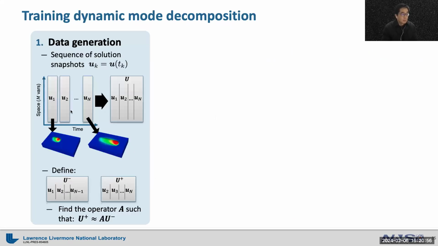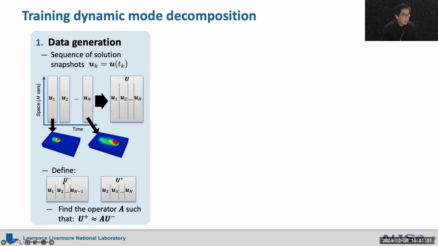Just for those of you who are not familiar with the dynamic mode decomposition, it actually follows the latent space dynamics identification procedure which I introduced in the beginning. First, you generate the data, right? Then in DMD, you arrange the data so that the first column is the first time step solution, the second column is the second time step solution, and the last column is the last time step solution.